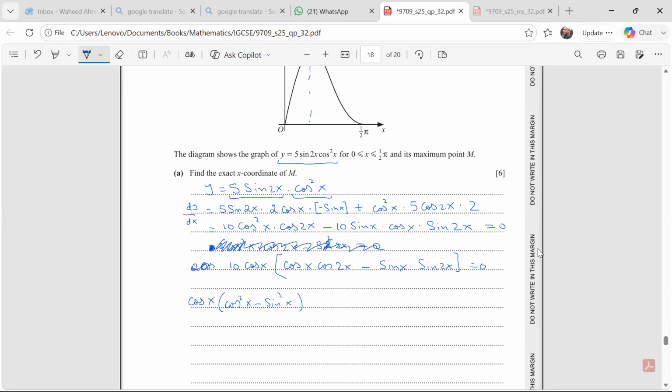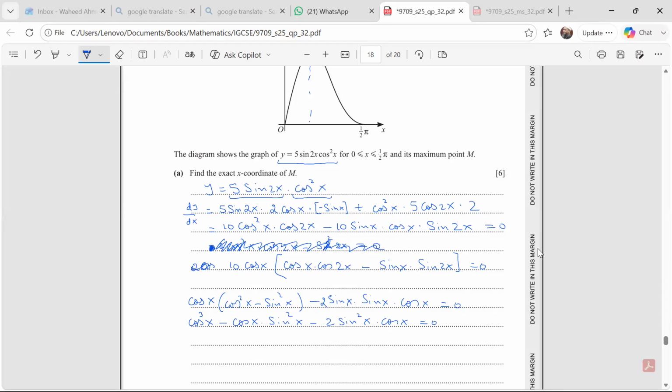Cos x into this one minus sine x, and sine 2x is again 2 sine x into cos x equal to 0. Again, this would become cos cube x minus cos x into sine square x minus 2 sine square x into cos x.